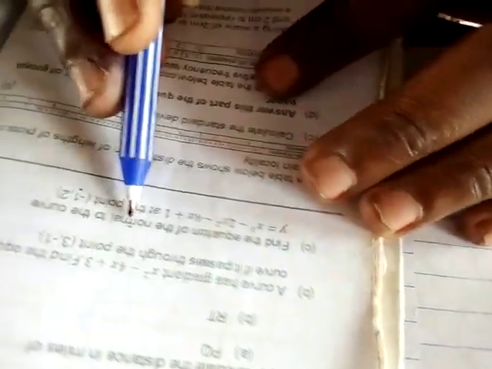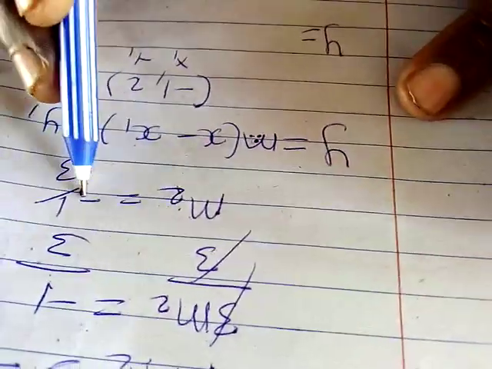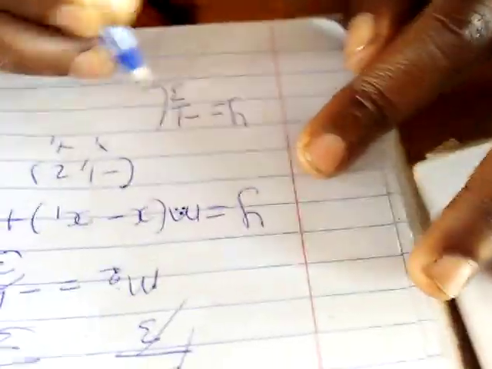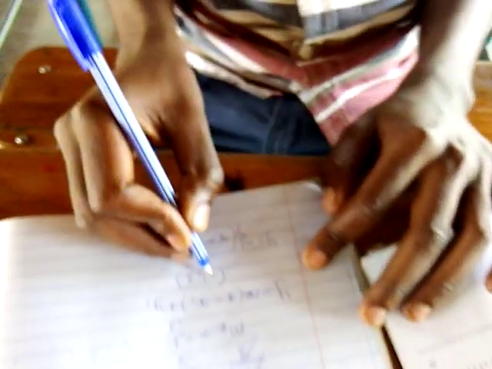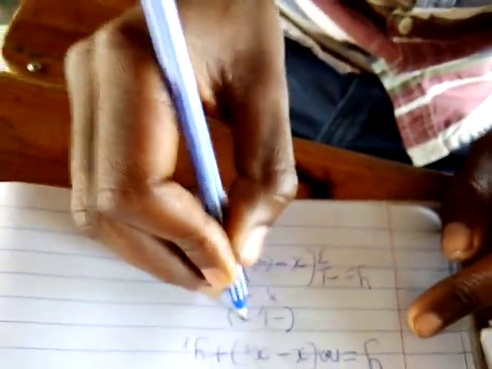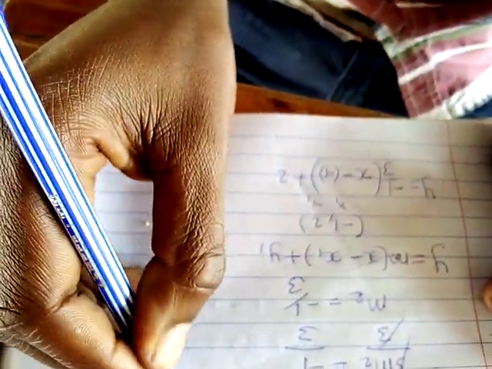Remember, this is the equation of the normal, so we use the gradient of the normal, M2, which is negative 1 over 3. Then x minus x1, which is negative 1 in brackets, plus y1, which is 2. So y is equal to negative 1 over 3.